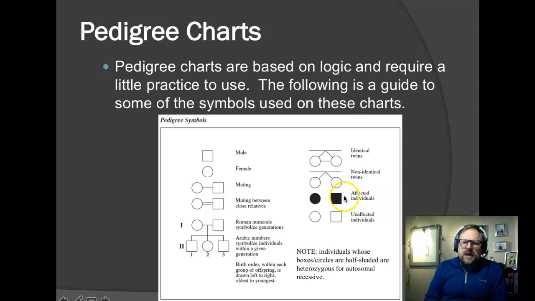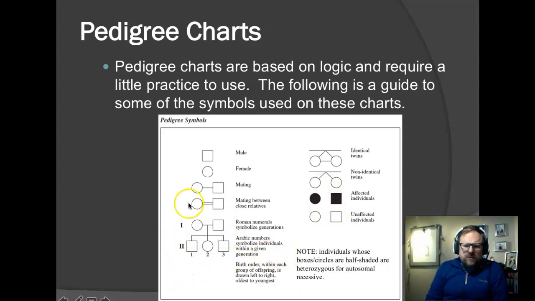We might also say that filled in is dominant and not filled in is recessive, or the dominant phenotype and the recessive phenotype. I also note individuals whose boxes or circles are half shaded are also often referred to as autosomal heterozygous. In other words, they have both the dominant and recessive allele. That one doesn't turn up as often, I find.